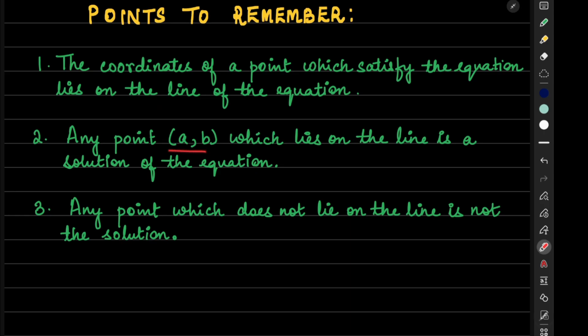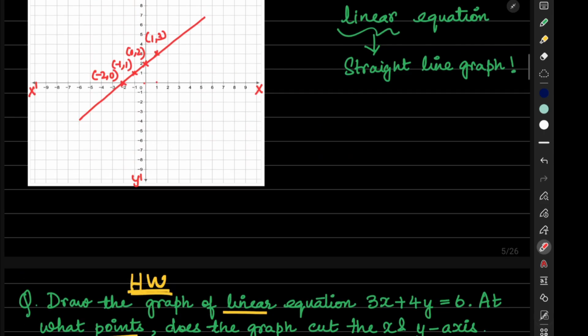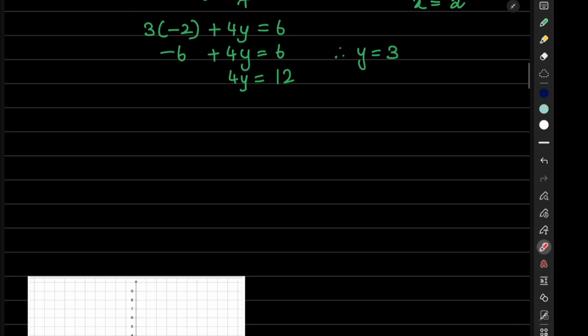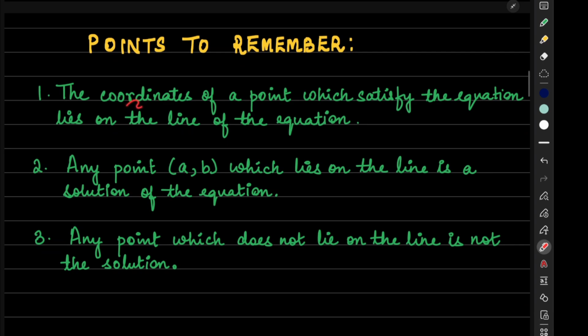Any point which lies on the line is a solution of the equation, and any point which does not lie on the line is not a solution. So all of these points that were lying on the line are solutions of the equation, and the points which don't lie on it are not solutions.